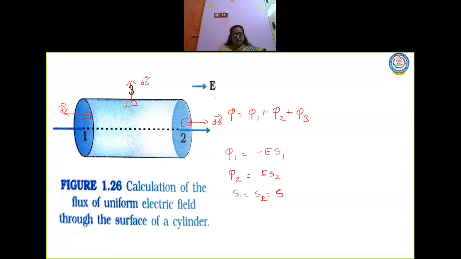So in a closed surface, the net flux will always be 0. So you can conclude that the total charge contained in a closed surface is 0. Clear?